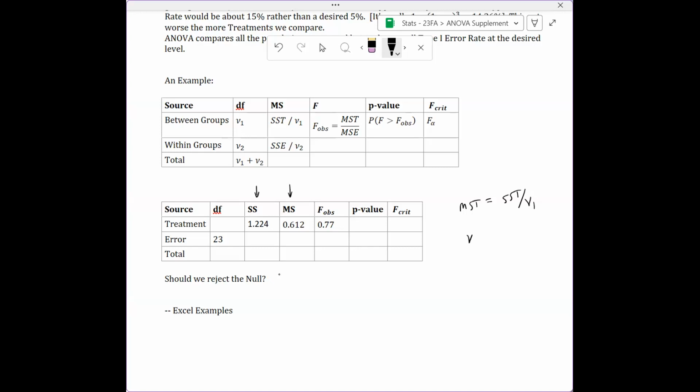Or in other words, nu1 equals SST over MST, or that's 1.224 over 0.612. And that is 2. I know that my total degrees of freedom is 2 plus 23, which is 25.